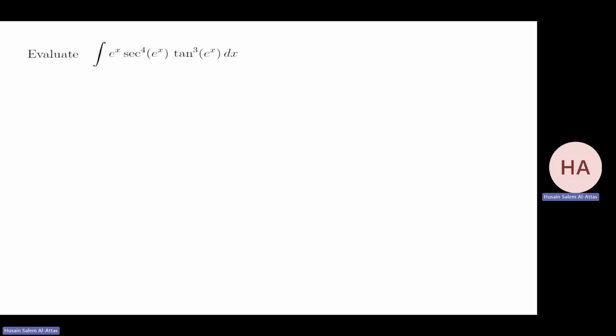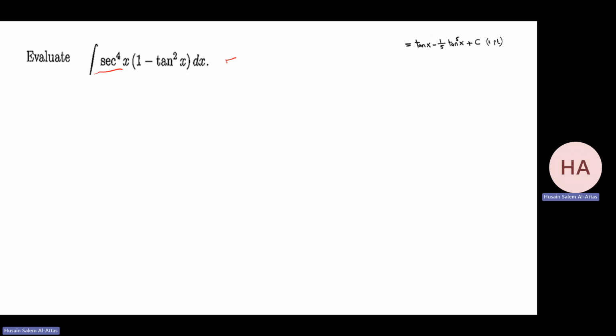1, 2, 3. Yeah, I have just few numbers, then let us do it. Secant to the power 4, 1 minus tan square. I have secant even, so I work it out. That will be what? Secant square x, 1 minus tan square x, secant square x dx. I change this into tan.